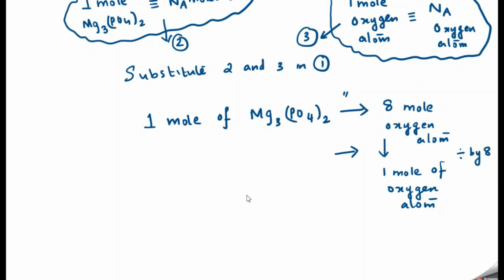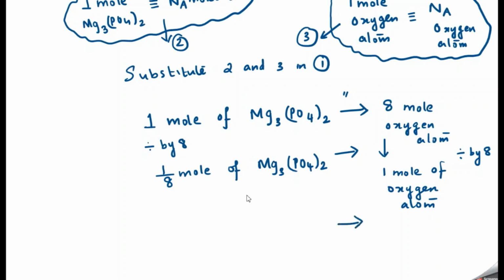Do the same thing on the LHS also, that is divide by 8. So this will become 1 by 8 mole of magnesium phosphate, Mg3(PO4)2. Correct? Now we know that 1 mole of oxygen atom is present in 1 by 8 mole of magnesium phosphate.